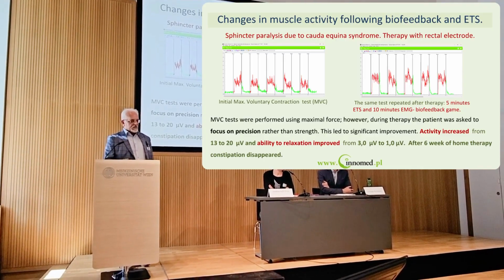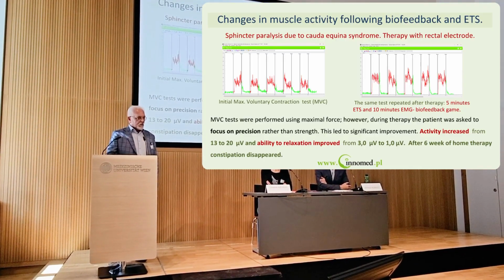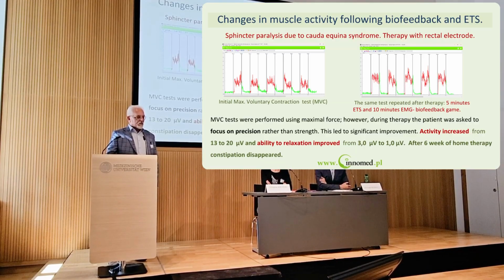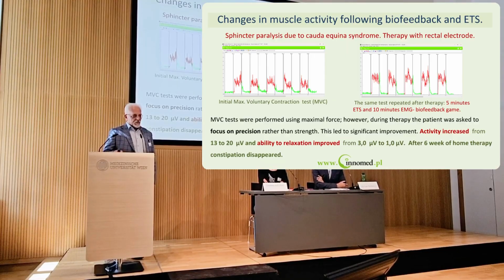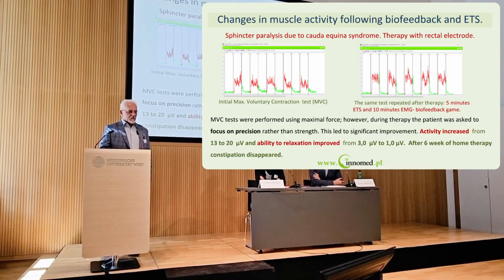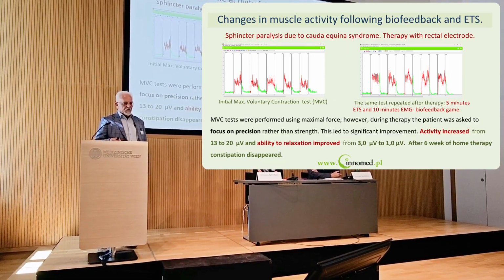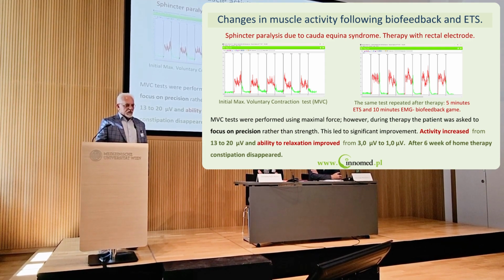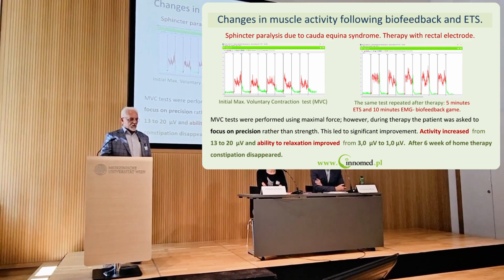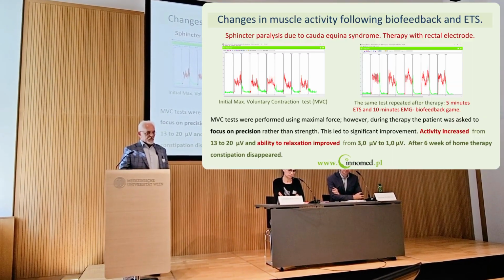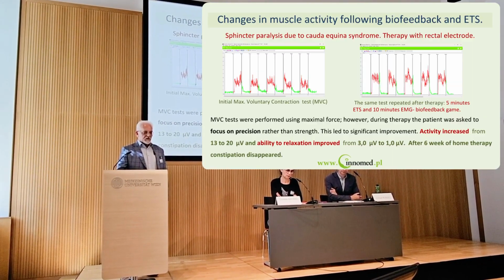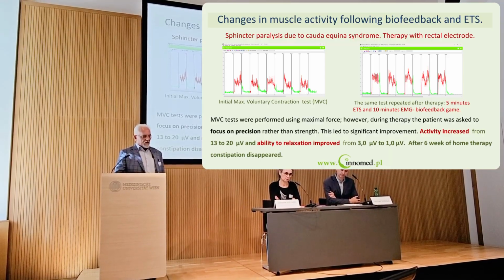On this electromyogram on the left, we may observe initial maximal involuntary contraction test in the person with sphincter paralysis due to Cowder-Quinn syndrome. The therapy and the investigation was made with use of rectal electrode. And on the right, the same test repeated after therapy, 5 minutes ETS and 10 minutes EMG biofeedback.